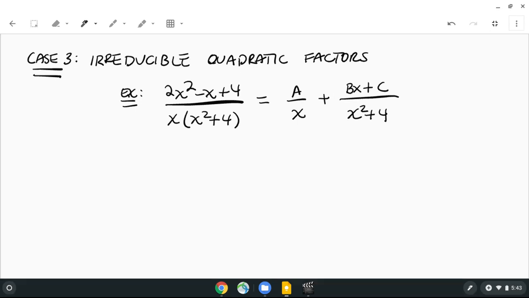You're used to seeing that as y equals mx plus b. Let's just keep the letters in order. So it's bx plus c. So when you have that quadratic factor, in the numerator you're going to have more than just a letter like a. You're going to have bx plus c.